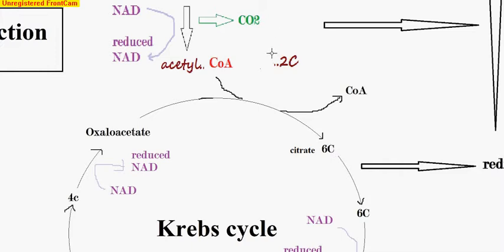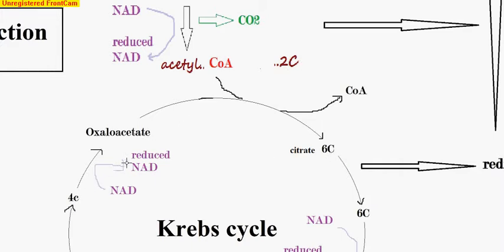This is 2C. So where does it get 4C? It gets 4C from here, because this 4C oxaloacetate plus acetyl coenzyme, after the coenzyme is removed, becomes citrate. So citrate is 6C, this is 4C, 4 plus 2 is 6.